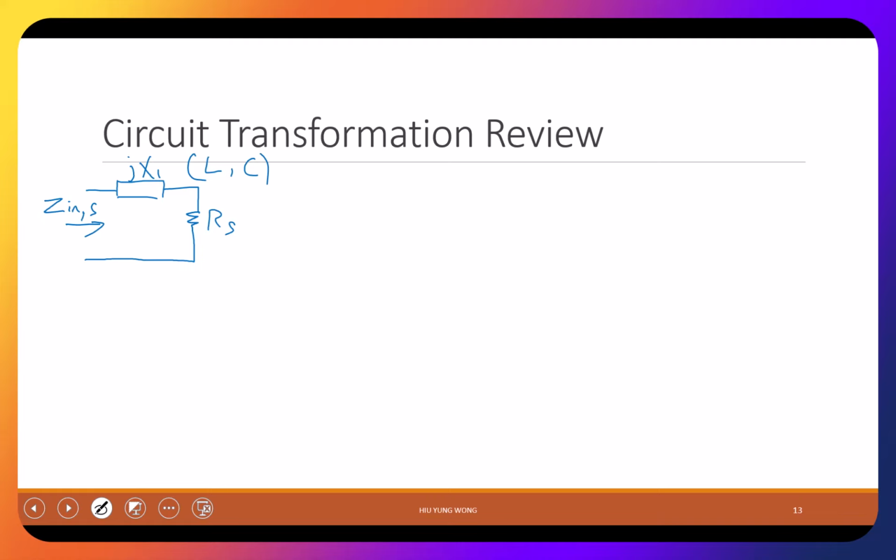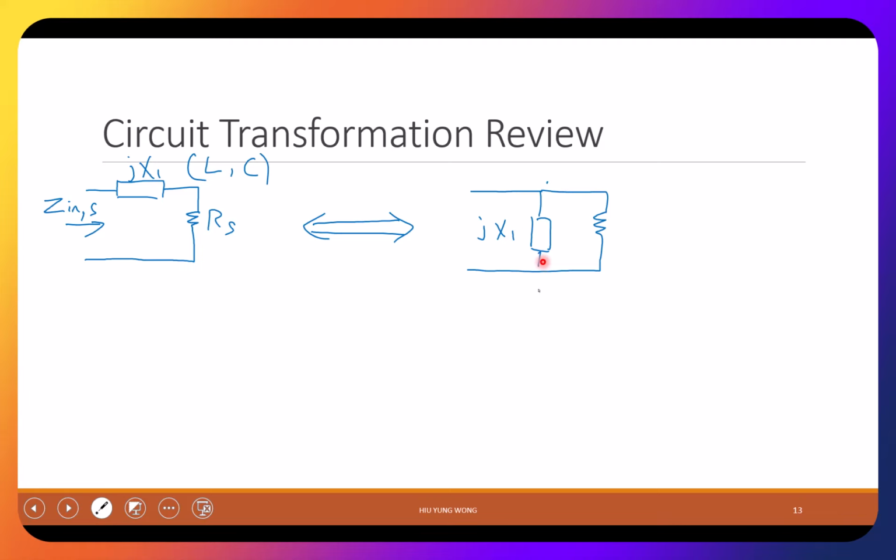I'm not showing the derivation, but I just give you the equation. This is equivalent to another circuit that you make parallel. You still have jX1 here, put in parallel. So let's say you have a 50 picofarad capacitor here.